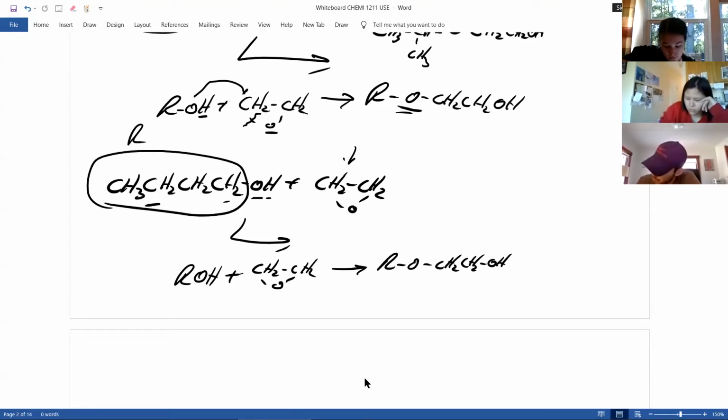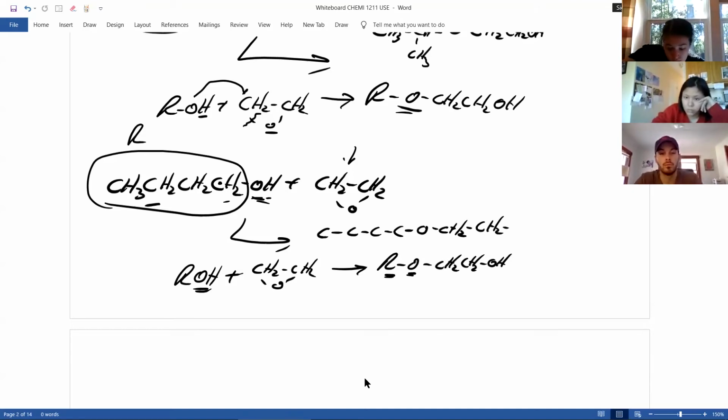A butyl group, so I'll have 4 carbons. Notice the n-carbon has the hydroxyl group, which will be the carbon that has the oxygen here. Then I have CH2, CH2, OH. And I'll put in the rest of my hydrogens because I know there are 4 bonds to carbon. And that's the molecule I get.